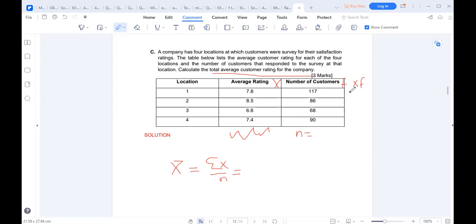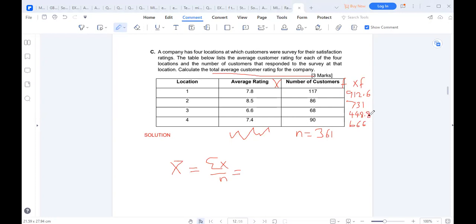4.6. What do we get here? 912.6. Yes. 361 here, on N. Then 731. Then 448.8.